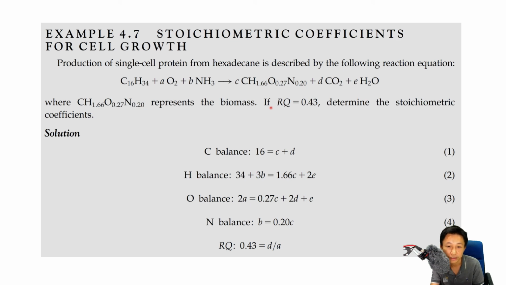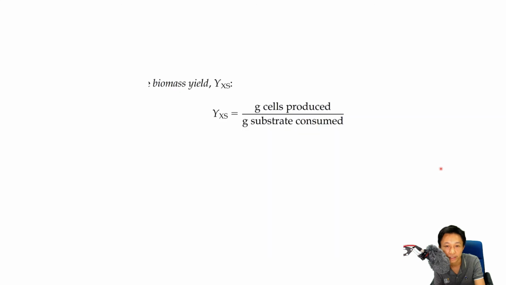It is also in your book: carbon dioxide produced divided by oxygen used, all in moles. So you have many equations. Your target is just to solve this kind of equation, and then you come up with the answers.